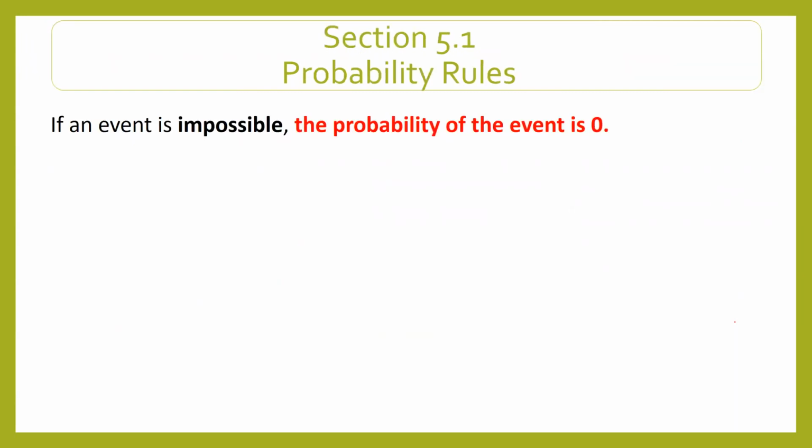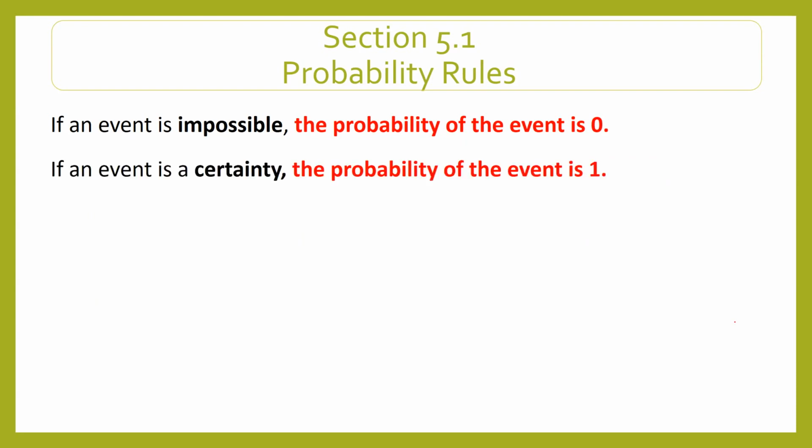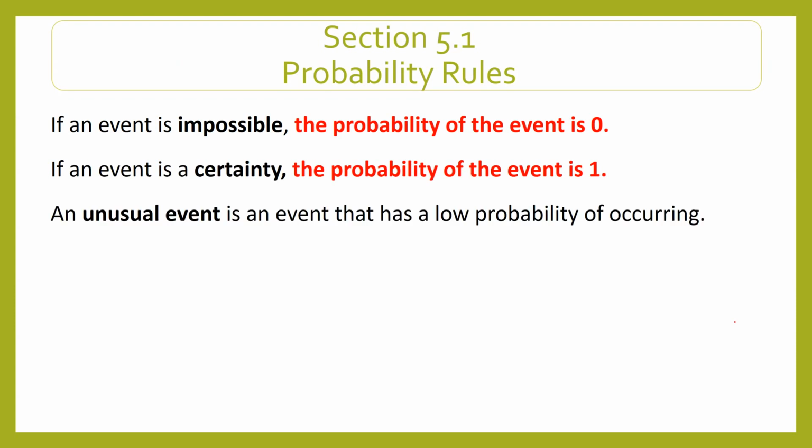All right. If an event is impossible, the probability of that event is 0. If an event is a certainty, the probability of that event is 1. Now, you need to be careful with this. An event is unusual if it has a low probability of occurring.